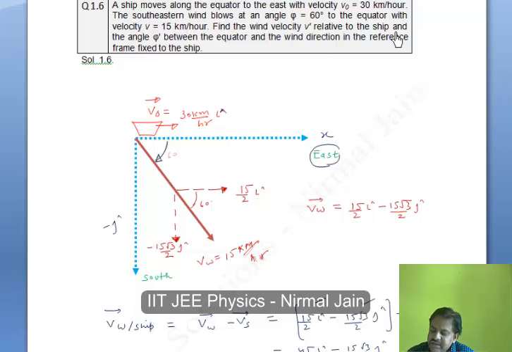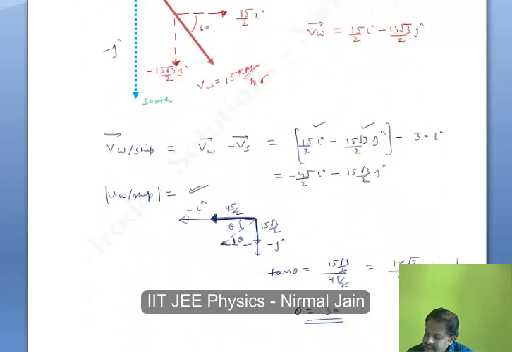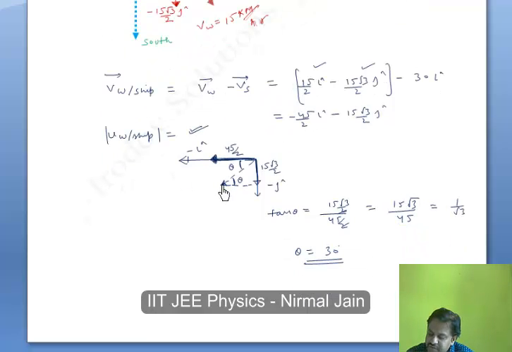One more thing is asked in this question: find the velocity v dash relative to ship, which we have already found, and the angle phi dash between the equator and wind direction in the reference frame of the ship. That is, we have to find the velocity of wind with respect to ship and its angle with the equator.